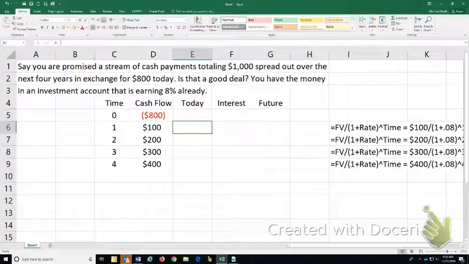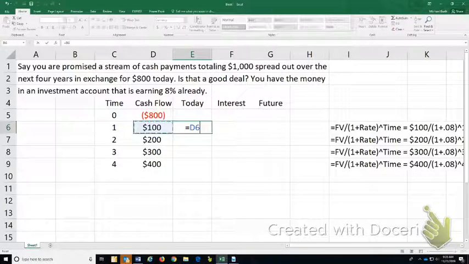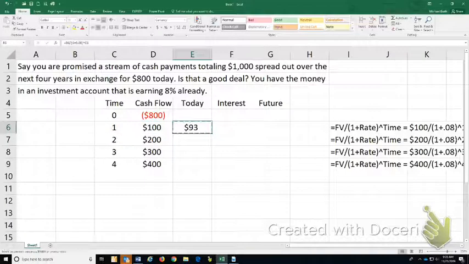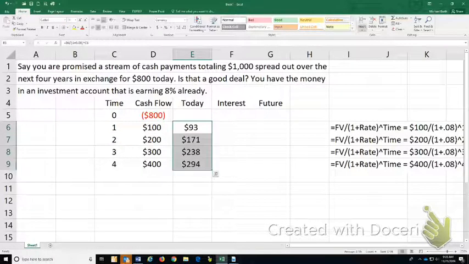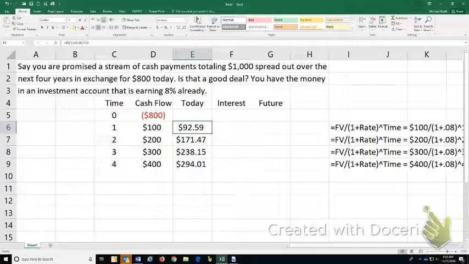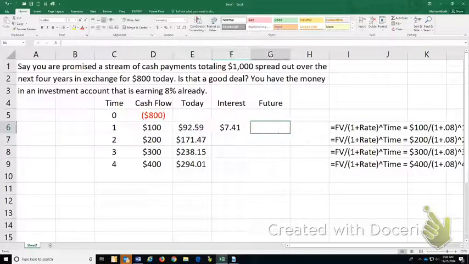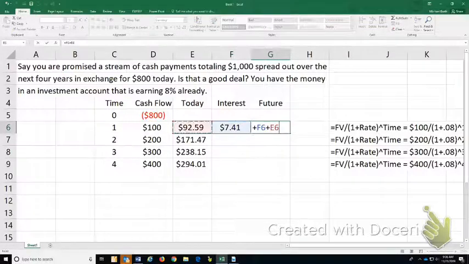To put this into Excel, it's that cell divided by 1 plus the interest rate, raised to the number of periods. And I just copy that down. What that means is if I had $92.59 today, and it earned 8% interest over the next year, at 1 year in the future I'd have $100.